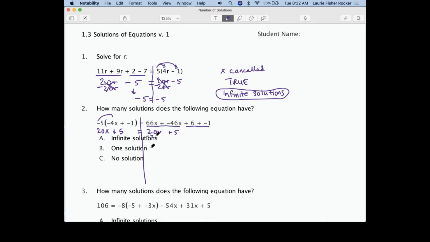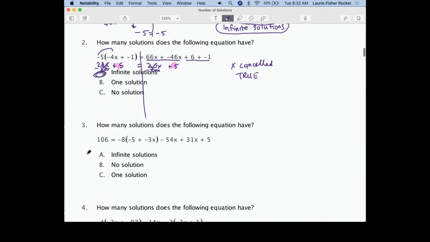If I subtract 20x and I subtract 20x, those are going to cancel, and what's left behind is 5. So x is canceled. And it was true because 5 equals 5. So I know it's going to be infinite solutions.